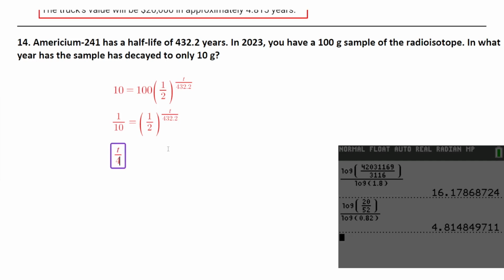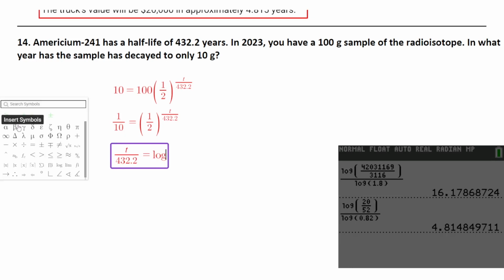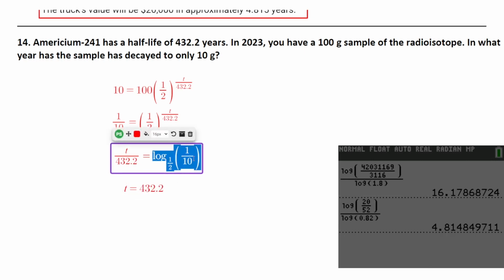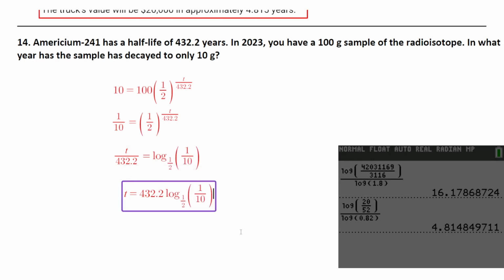So t over 432.2 is going to equal log base 1/2 of 1/10. Before I use change of base formula, I want to multiply both sides by 432.2 so that I can get t by itself. So my exact answer here would be 432.2 times log base 1/2 of 1/10.